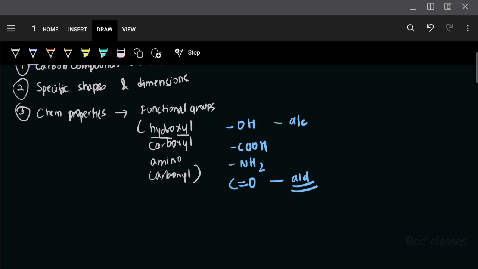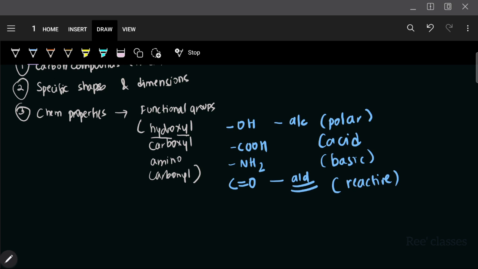Okay. So also OH, so this means it's a polar molecule. Carboxyl means it's acidic, amino, basic, and carbonyl means it's reactive. Why? Because the carbon double bonded to the oxygen is actually a reactive site. Okay, so it's reactive.